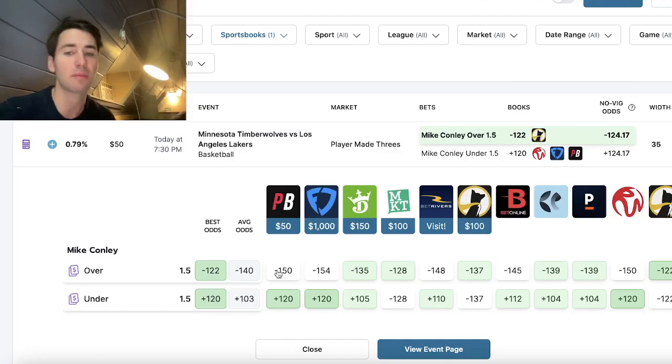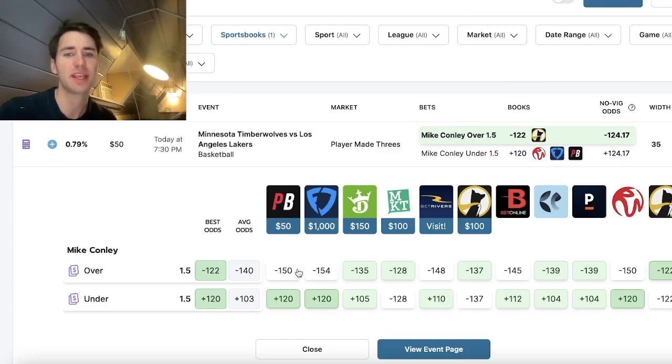As a sharp bettor, you just look at the market. It's like, okay, PointsBet's telling me this should be priced at minus 150. The model that PointsBet Sportsbook is running is saying, yo, price this at minus 150. FanDuel, one of the largest U.S. sportsbooks, with one of the most efficient betting markets in the U.S., is pricing this at minus 154.